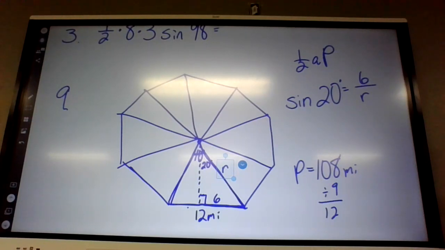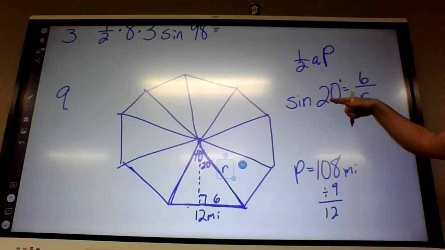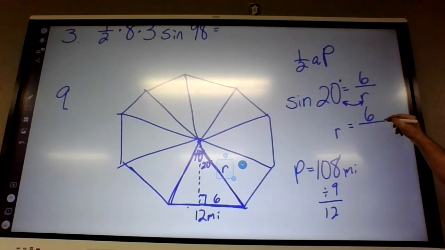What do we do when the r is on the bottom? Okay, multiply by r divided by sine of 20. These two switch places. So r equals 6 divided by sine of 20. Let's round that to like 4 decimal places or something.